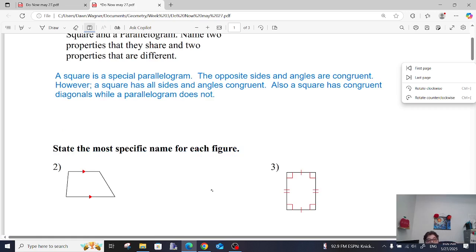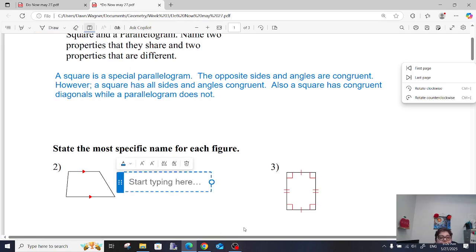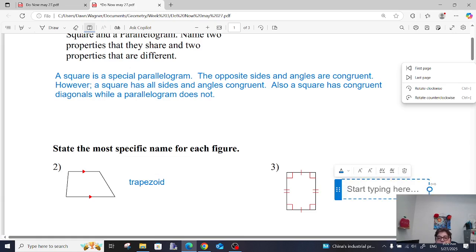Okay, so here we're just naming the most specific name for the figure, right? So what's this one called? Oh, we're going to go to draw. Oh, I guess I could type it because that way you can read it a little bit better. This one's a trapezoid. What about this one over here?